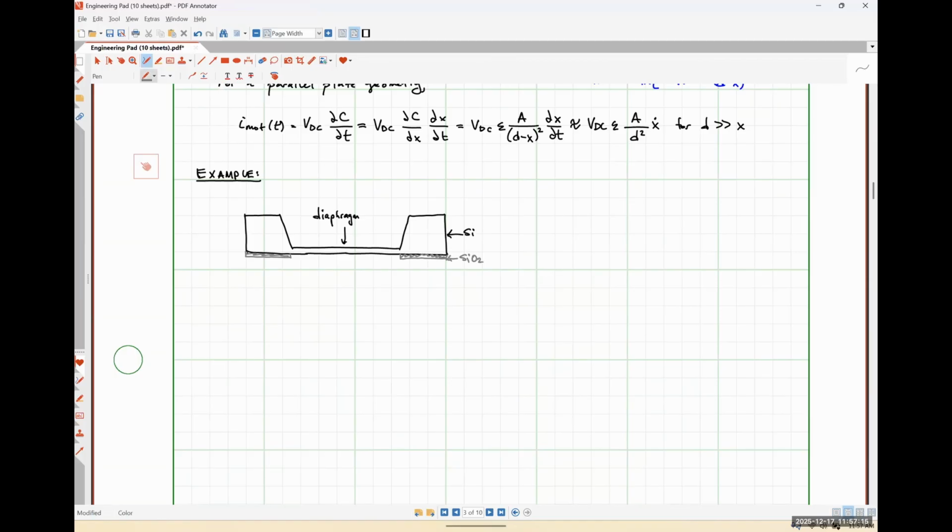And then I'm going to draw a relatively complicated looking structure underneath here. I'm going to draw another one of these on the other side.